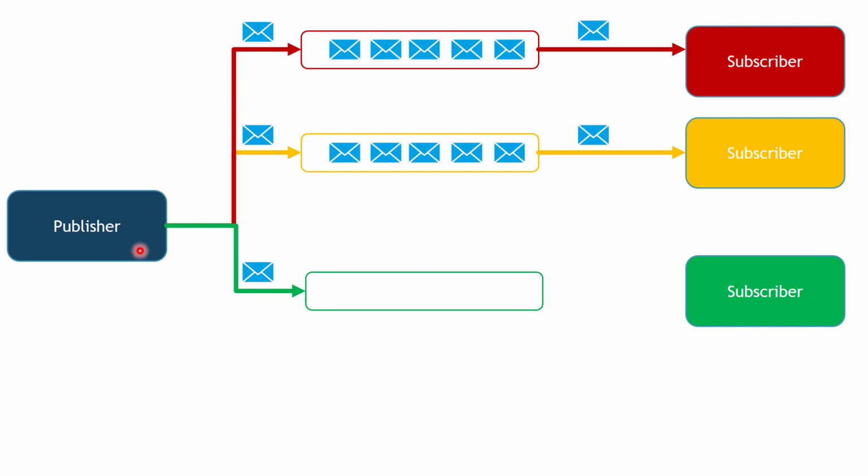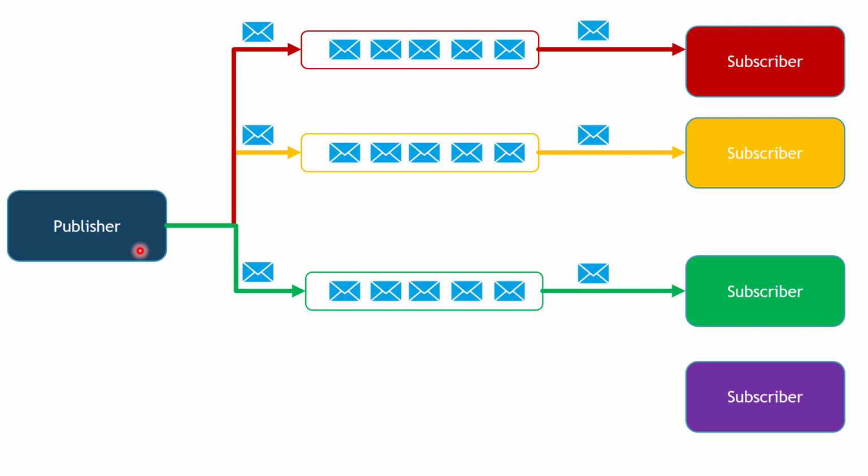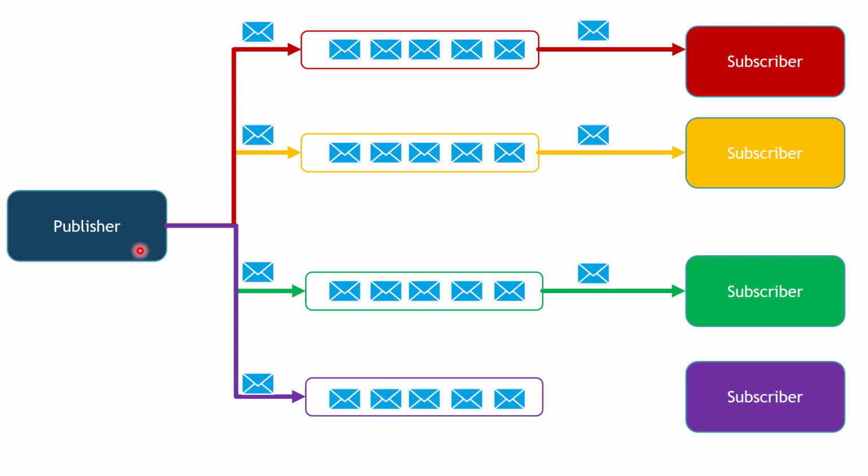We still need to create or apply some monitoring and alerts mechanism for these message queues to see how they are performing, how many messages may be stuck in the queue, and how quick the subscriber is able to process these messages. So as we see in this architecture, it's not scalable enough, because every time a new subscriber comes in, we have to do something manually to allow them to receive our messages.